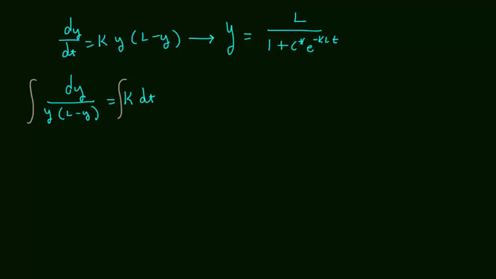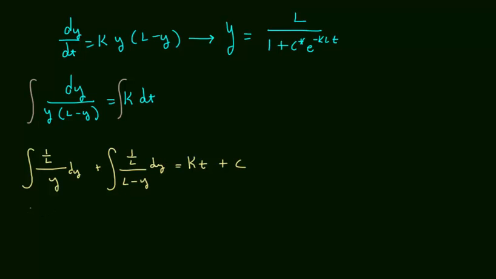So for the purpose of the proof, I'm going to skip over that and wait to the end to do that integration. But it turns out that this is 1 over L over y dy plus 1 over L over L minus y dy equals big K t plus C.